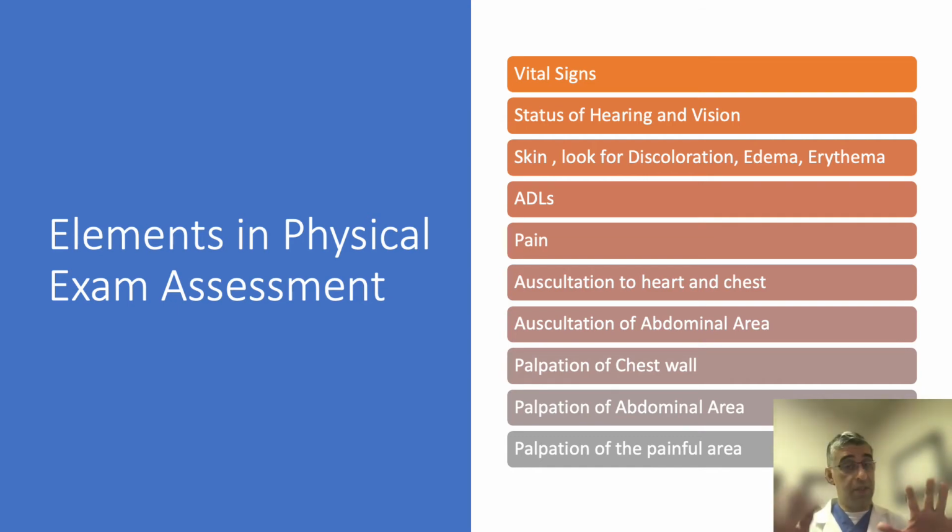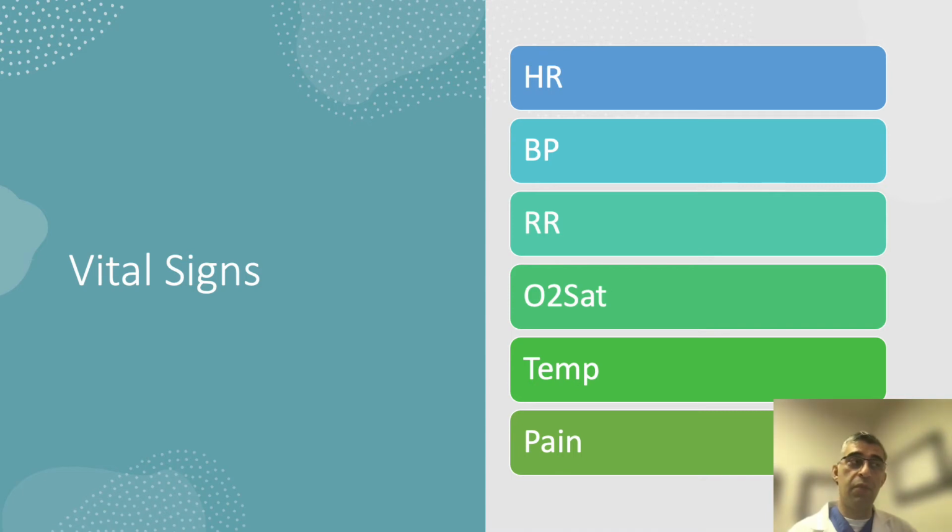You can see if it is distended, very rigid, or very tender to touch. We're going to talk about abdominal pain in the next series. Again, for any painful area, if somebody has leg pain, go ahead, touch it. See the skin, touch the area, and see if the pain gets worse with your palpation. It can be very helpful for you.